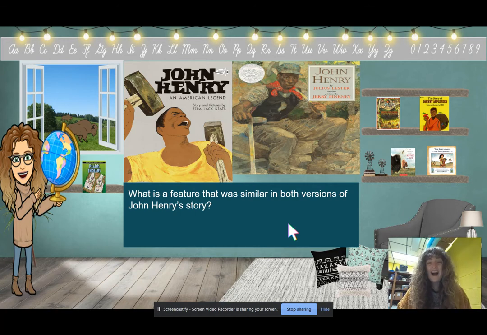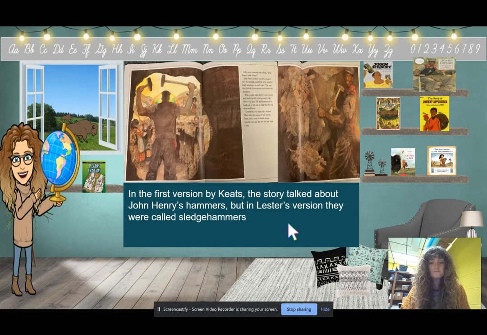Something that I noticed that was the same in both versions was that John Henry used two hammers. I also noticed that in both versions, it talks about how he worked on the railroad. Those are examples of two similarities. There were plenty more, but those are the two that stick out in my head the most.